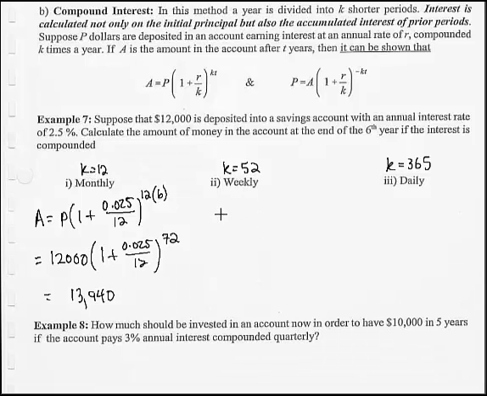Weekly, we now divide our interest rate by 52. However, we have 52 times 6 compounding periods.